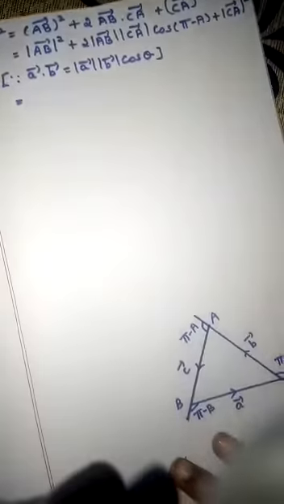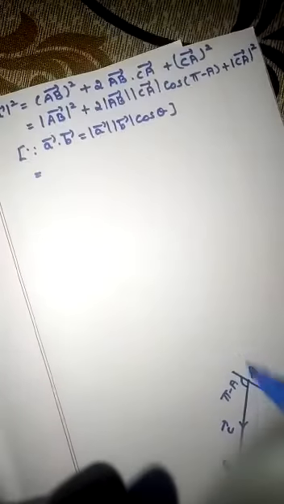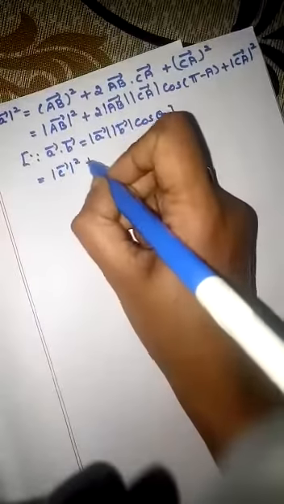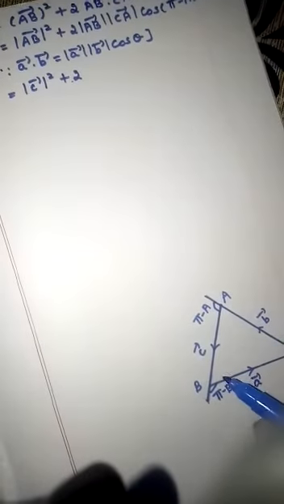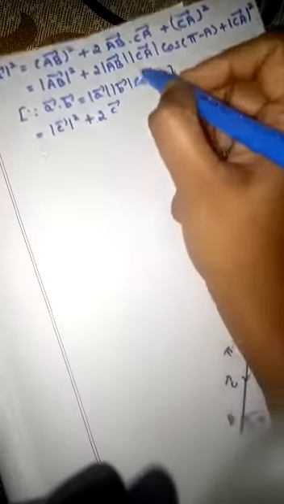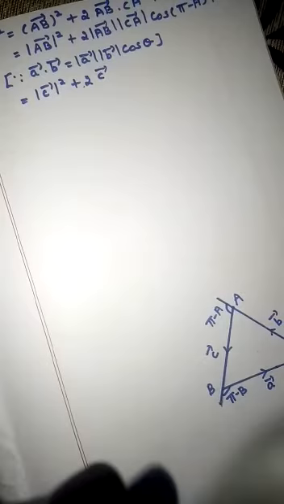instead of AB vector you can write C vector. So it is modulus of C vector square plus 2 times, instead of AB vector, C vector, into modulus of CA vector. CA vector is B vector.